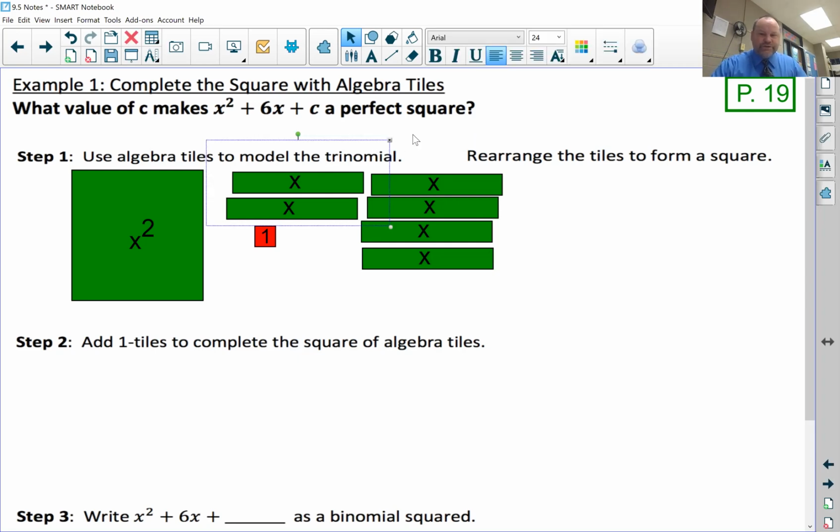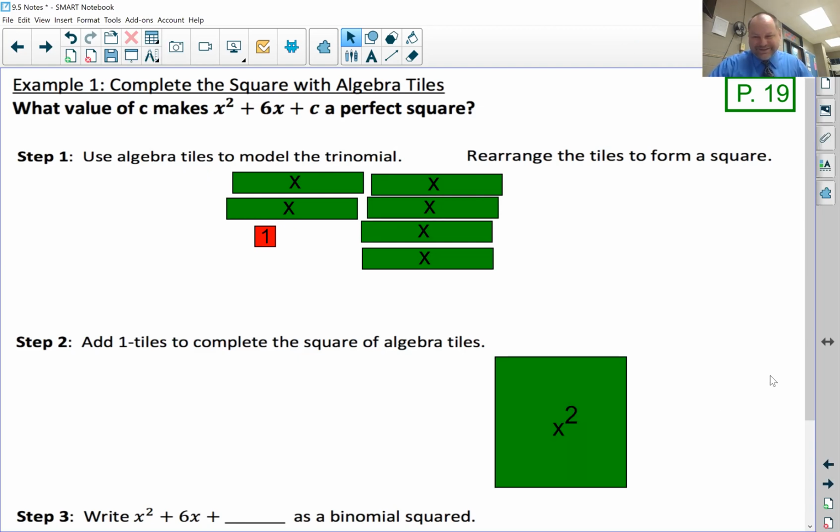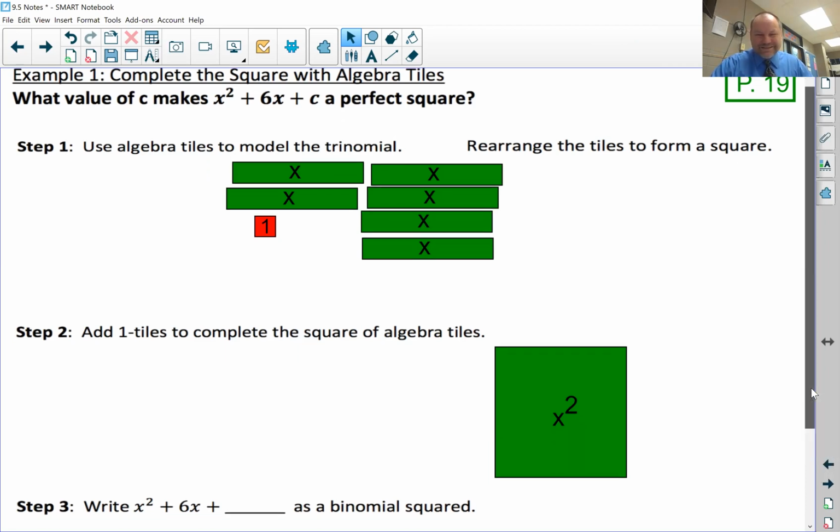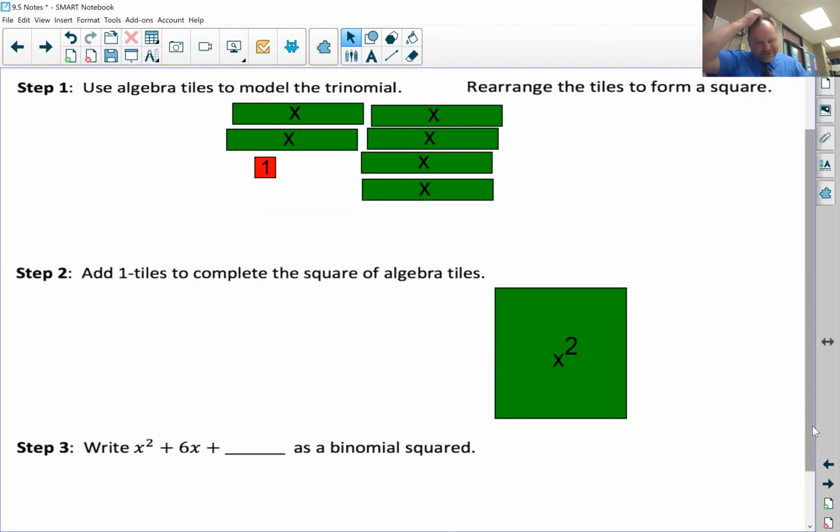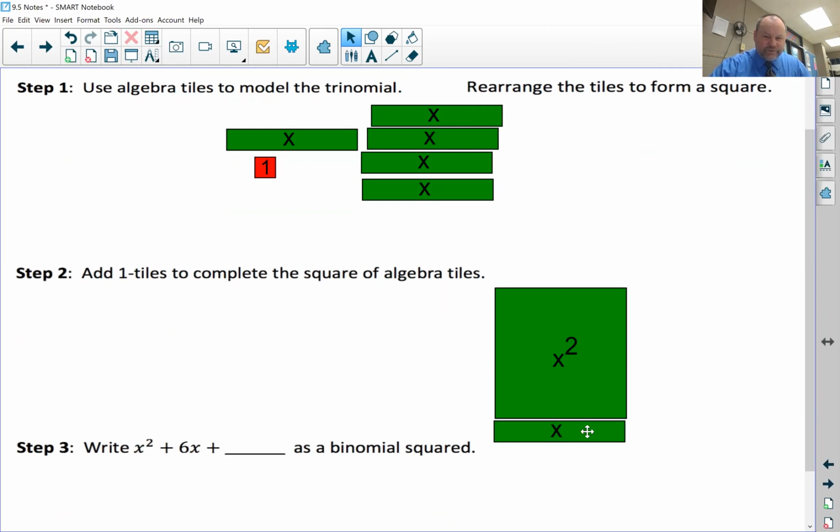And it says rearrange the tiles to form a square. Well, it's saying to form a square is a little misleading. What we're going to do is we're going to take and put some of these x tiles underneath the x squared.